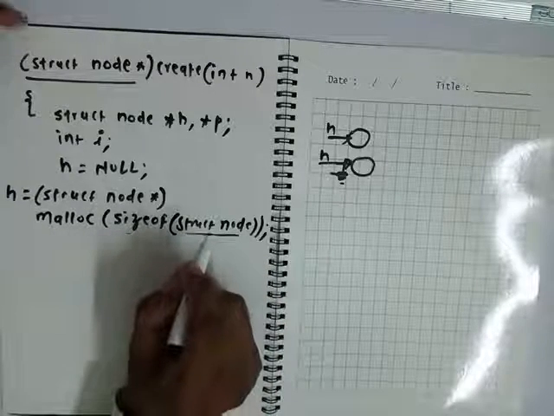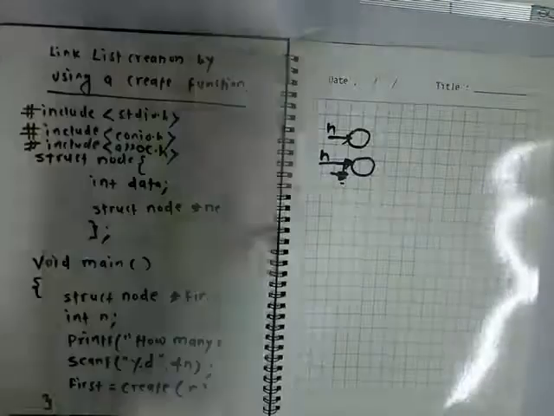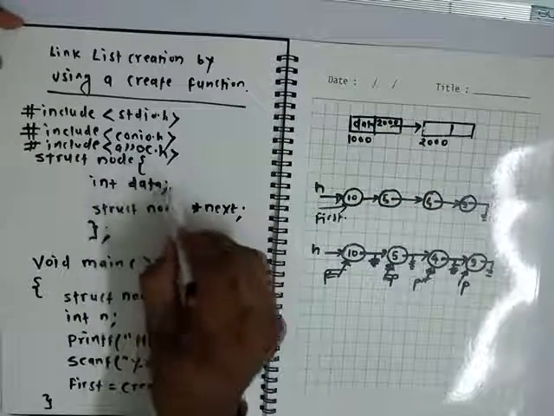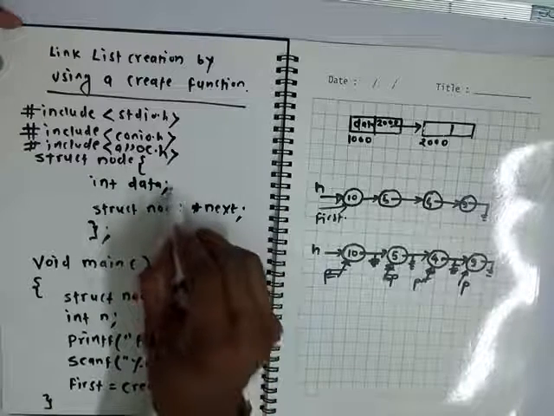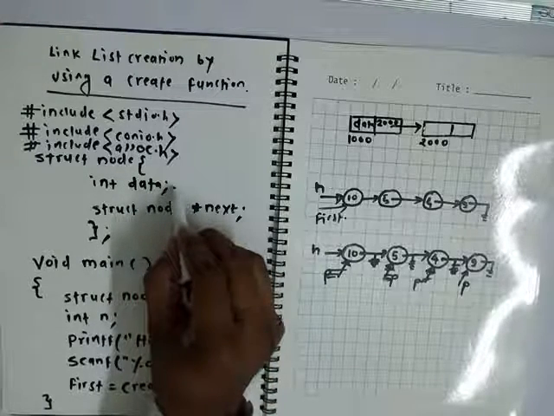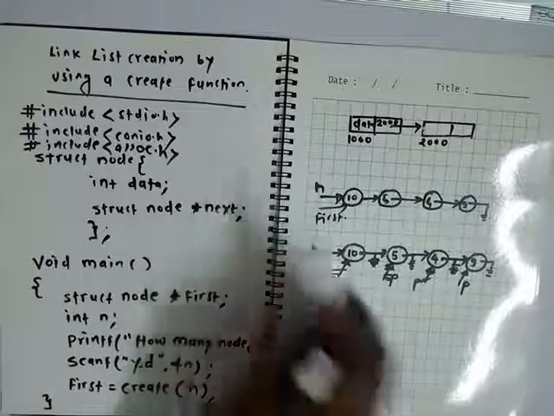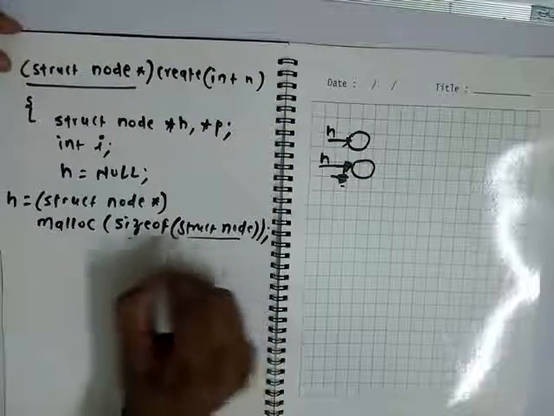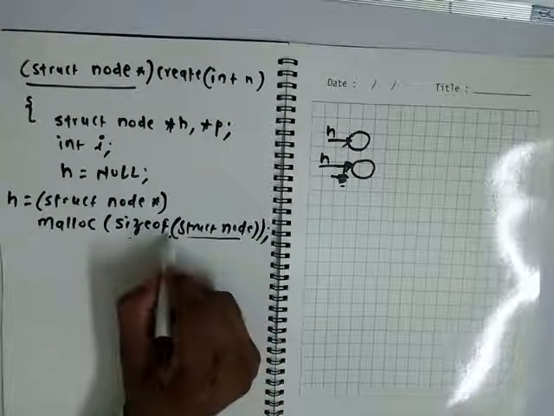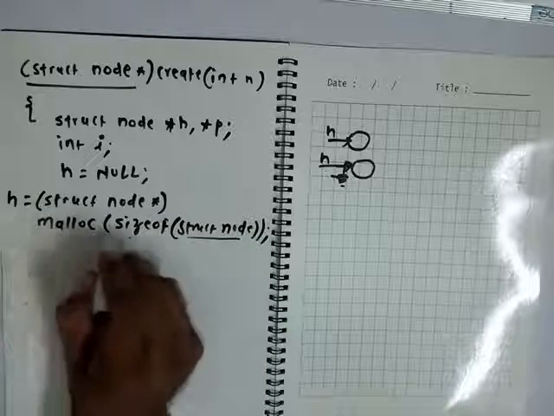In fact, if we compute the size of the structure, it has two parts. One is an integer value, another one is a pointer. So this will need 2 bytes, and this will need 2 more bytes on this machine. So in fact, this sizeof struct node will return us 4. So what we are demanding is malloc 4.